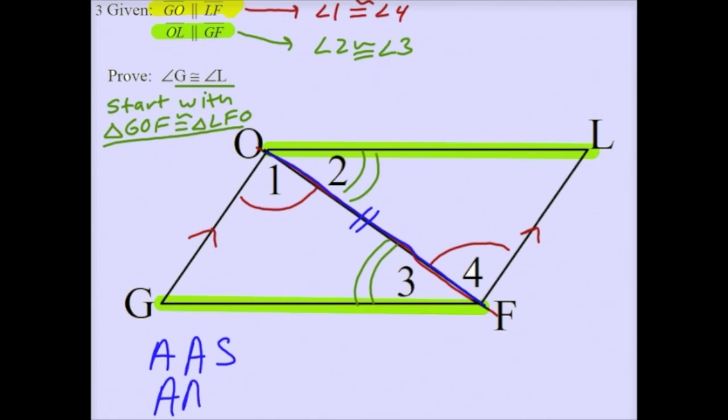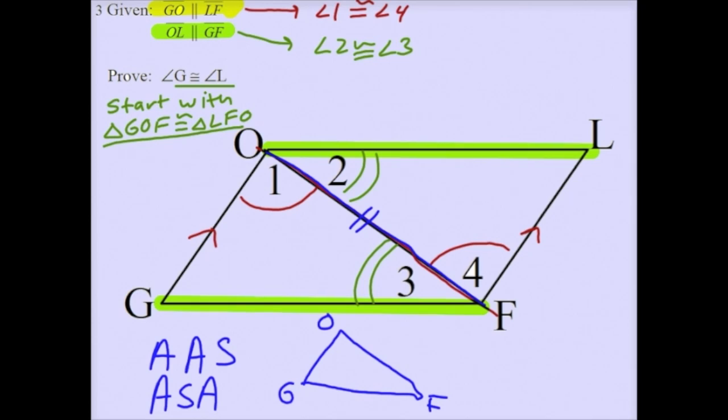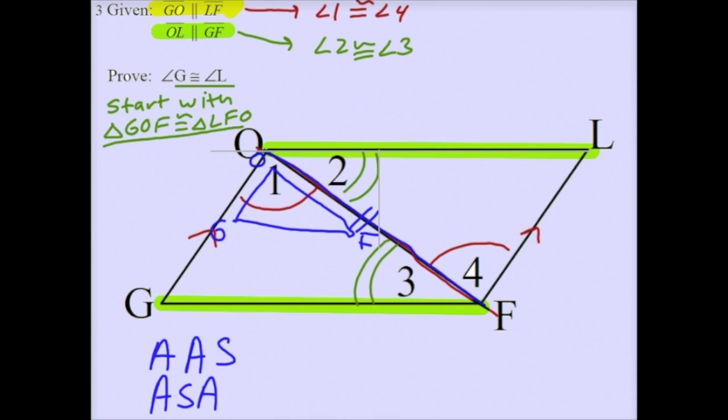Oh, ASA. But which one is right for us? Well, we've got to think about the included side. If you just consider triangle GOF, I'll just recreate it down here, GOF. So that's this triangle in here.